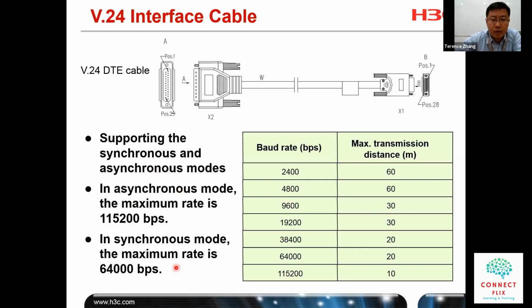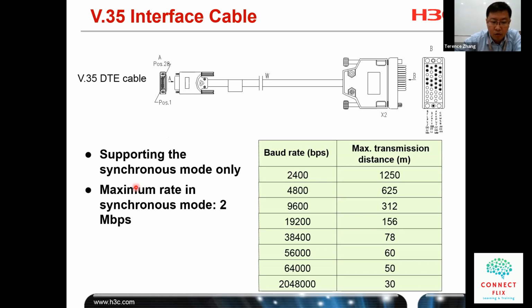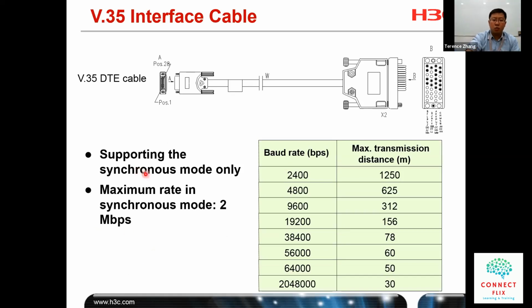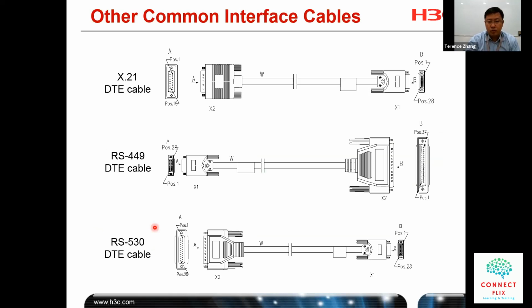Also for V.35, remember it only supports synchronous mode, but the maximum rate is 2 Mbps. For a WAN cable, 2 Mbps is already very fast. So comparatively, to repeat, V.24 supports both modes, but the speed is low. The speed we need to remember. But V.35 is synchronous mode only, with a speed of 2 Mbps. And for other cables, we just take them as a reference.